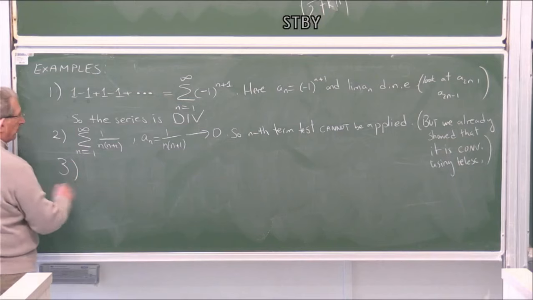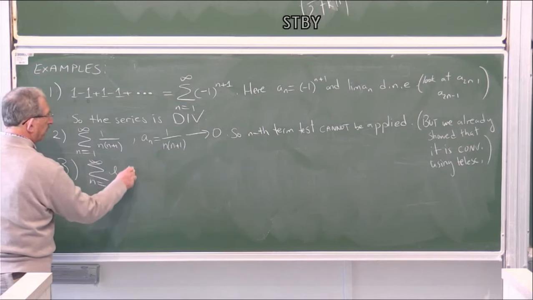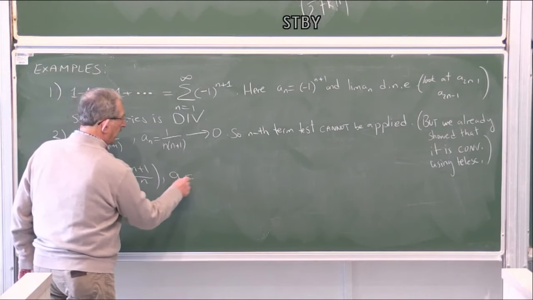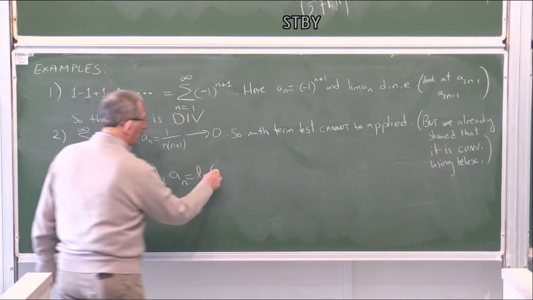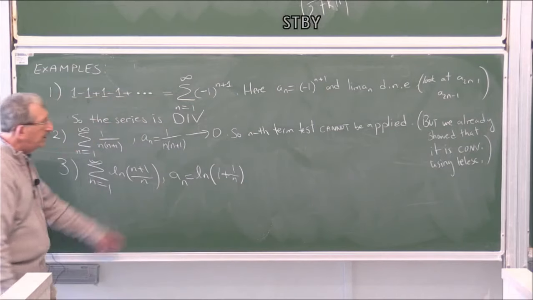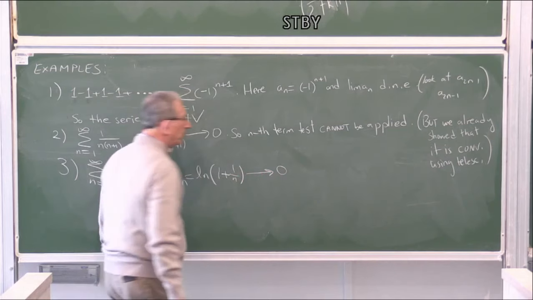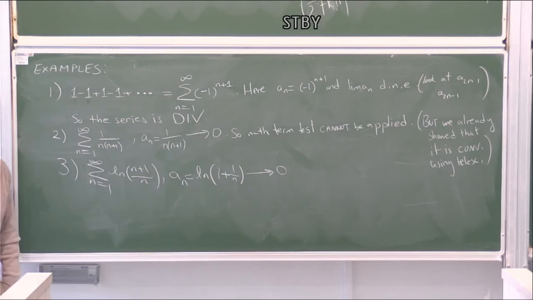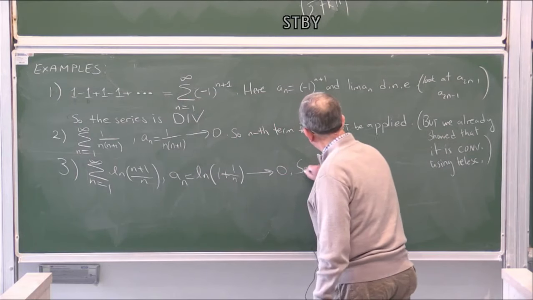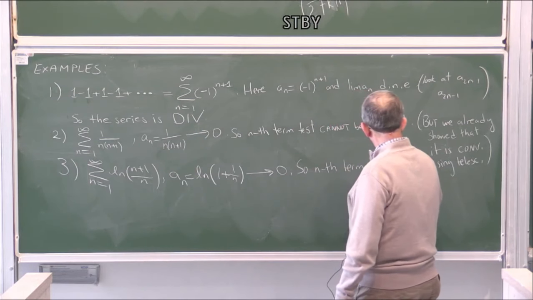As a third example, consider the logarithm of n plus 1 over n. Then, of course, a_n is the logarithm of 1 plus 1 over n. When n goes to infinity, clearly it goes to the logarithm of 1, which is 0. So it goes to 0 when n goes to infinity. Again, the nth term test says nothing.